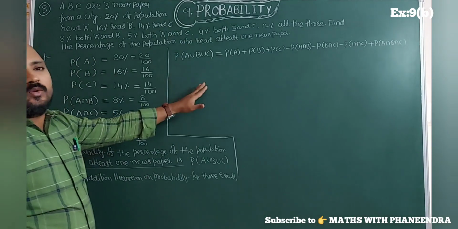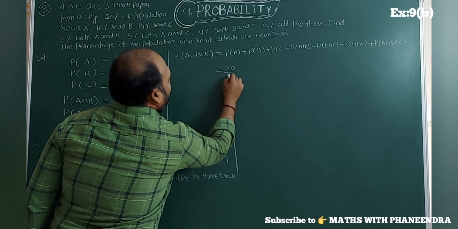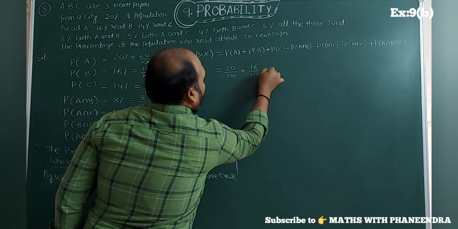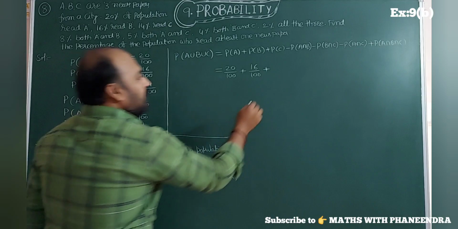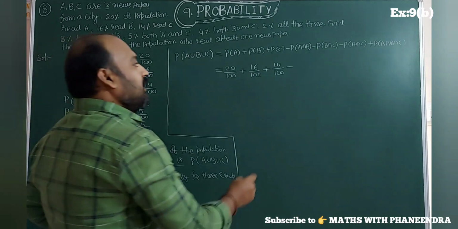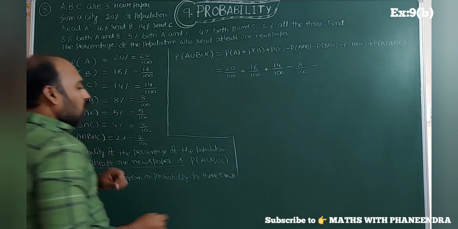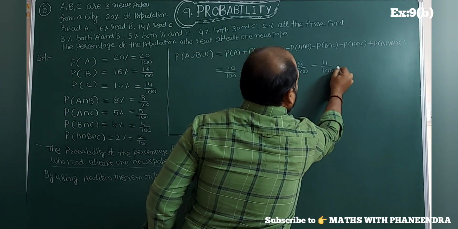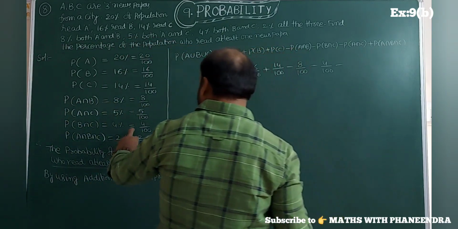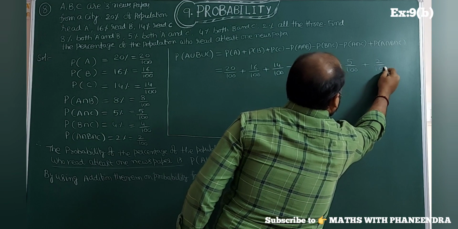So all these values we have to substitute and get the answer. P of A is 20 by 100, plus P of B 16 by 100, plus P of C 14 by 100, minus P of A intersection B 8 by 100, minus P of B intersection C 4 by 100, minus P of A intersection C 5 by 100, plus 2 by 100.